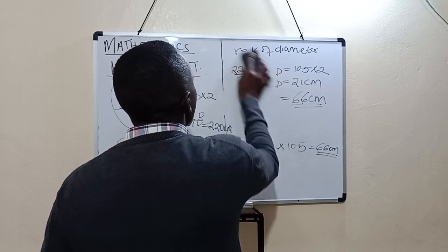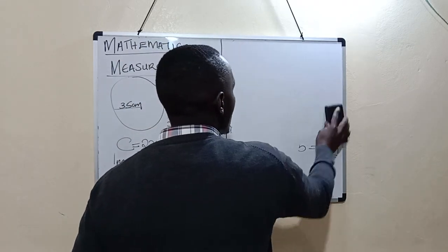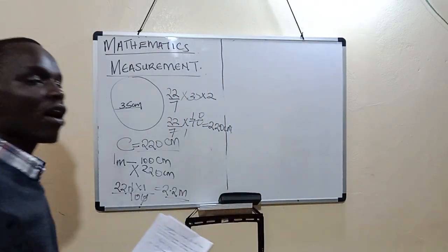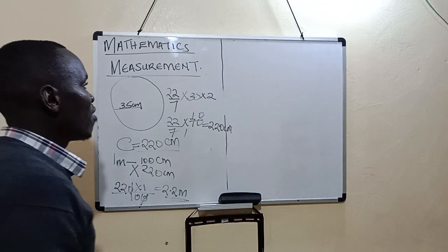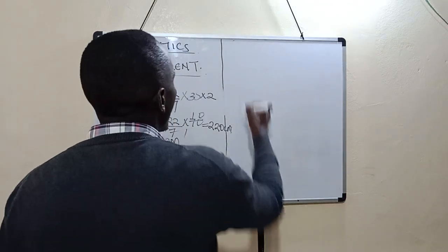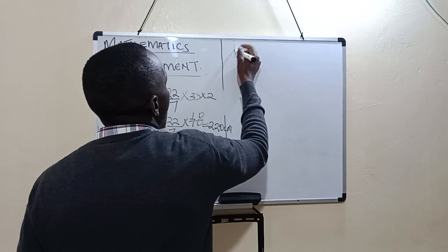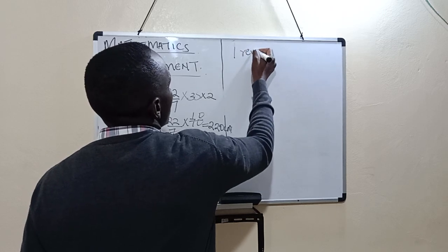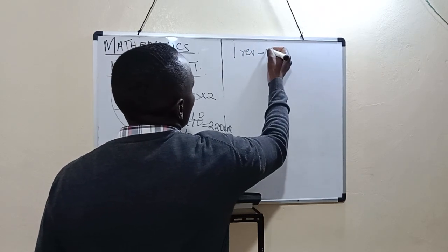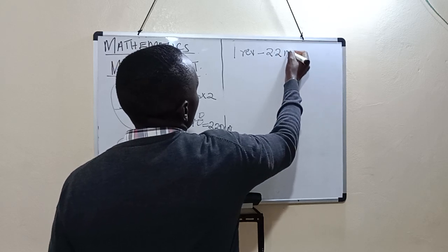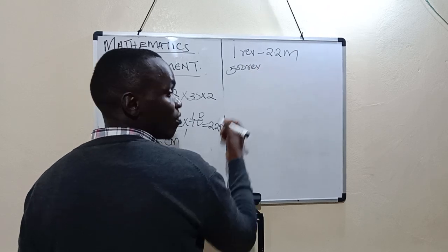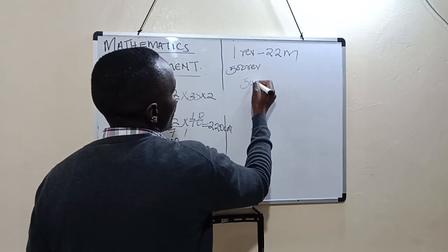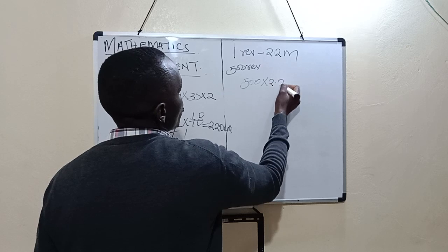Then from there we are asked, how many meters does the bicycle cover after making 500 revolutions? One revolution is making 2.2 meters. What about 500 revolutions? It is 500 multiplied by 2.2.